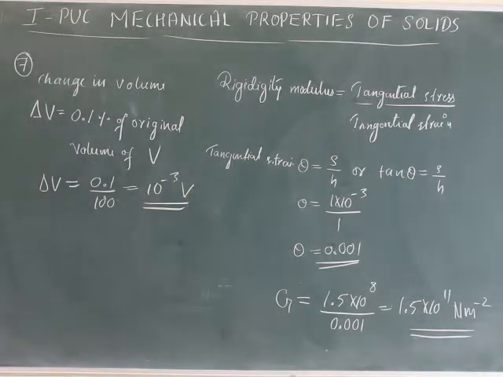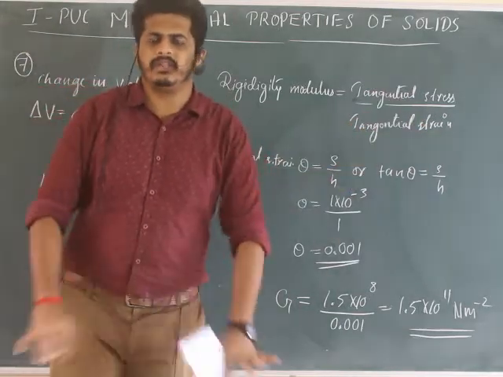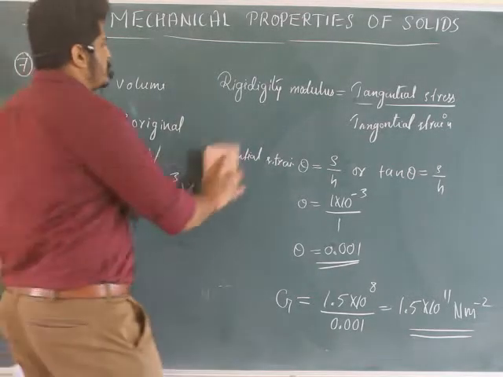Correct? This much. And next, we know when the ball goes deep inside the sea, enormous pressure will be there on it. So who will exert pressure? Of course, the medium itself, the sea, that means water medium itself exerts pressure.